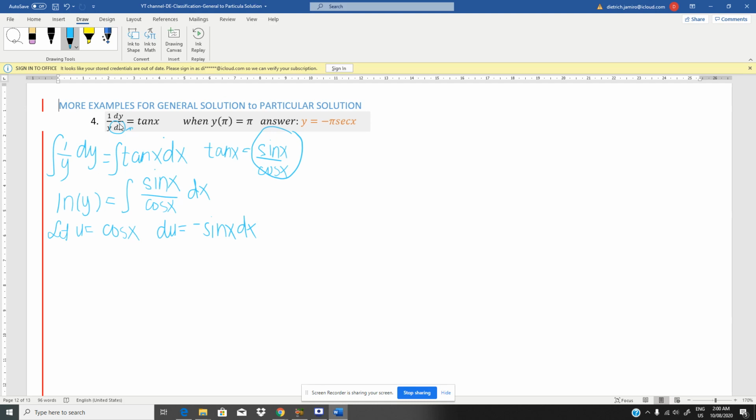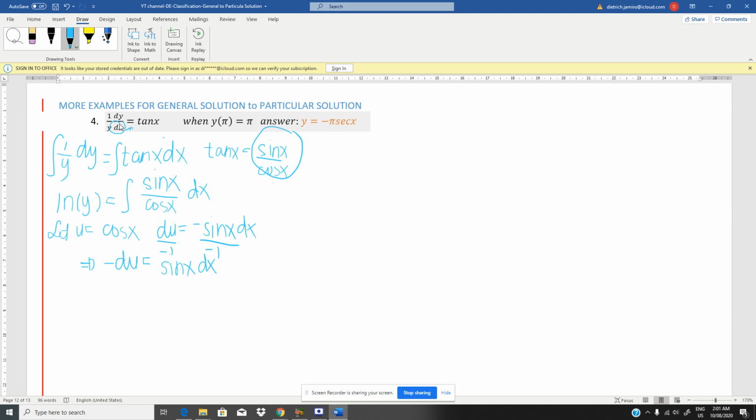As you can see, we have negative sine x dx, but in our problem we only have sine x dx on the numerator. So I'll divide both sides by negative 1, and we will have negative du is equal to sine x dx.